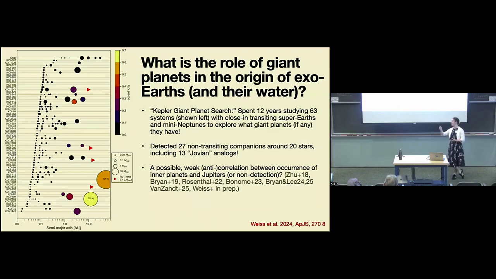So they have temperatures less than 6,300 Kelvin, brighter than about magnitude 13.5. And in terms of the planets, a criterion that I made was that each system in our survey had to have at least one sub-Neptune interior to 100 days.